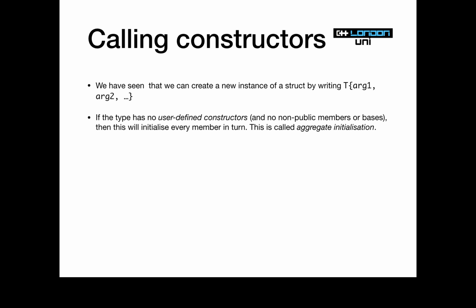But if our class does have a constructor, so now I'm going to write another version of point that this time does have a constructor. So now I've got struct point, and we've got what looks like a member function taking 2 ints.